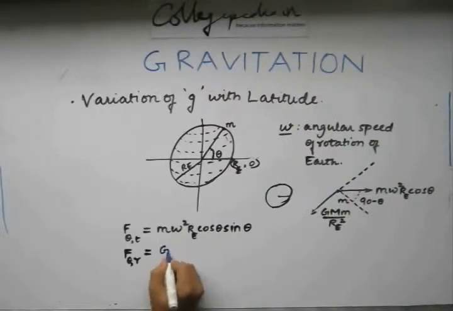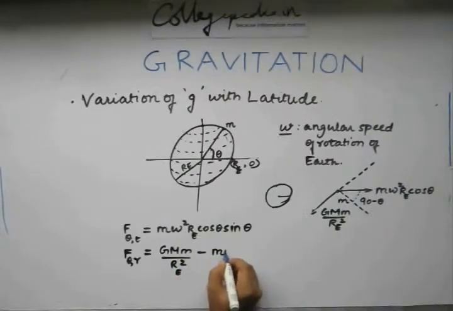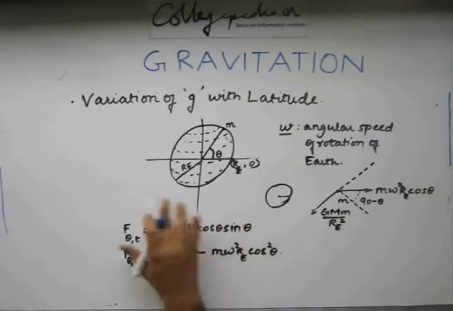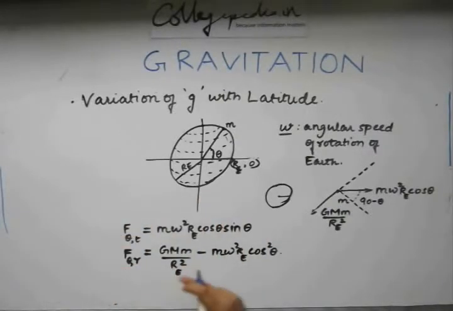So this is going to be G Mm by Re square minus m omega square Re cos square theta. This is the force in the normal and the tangential directions.